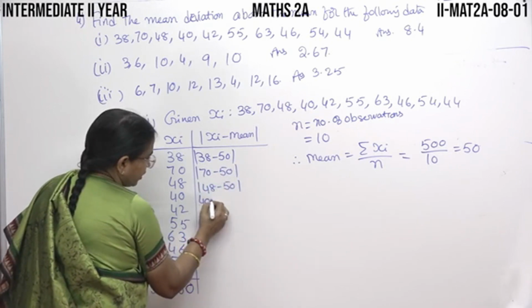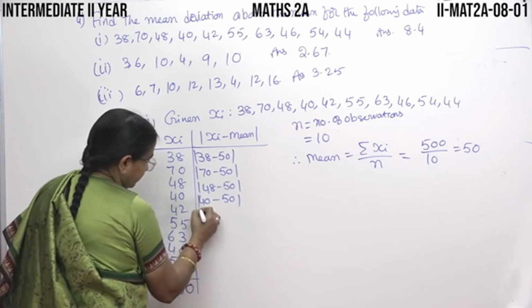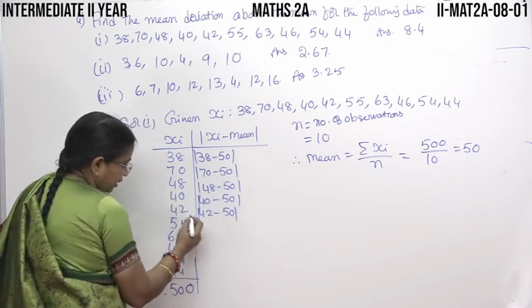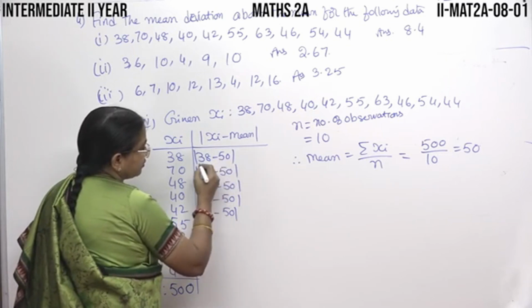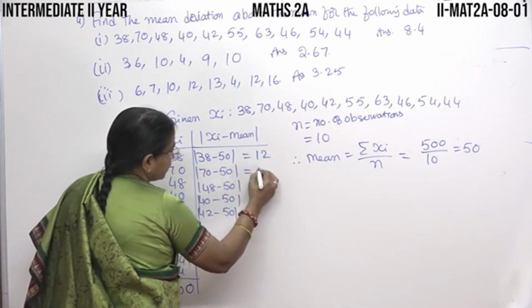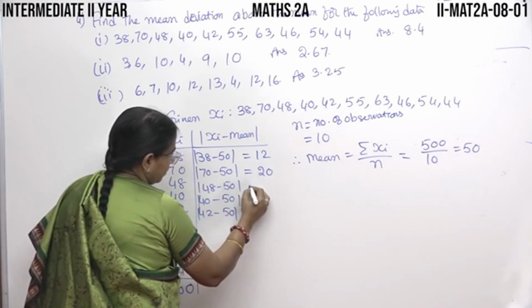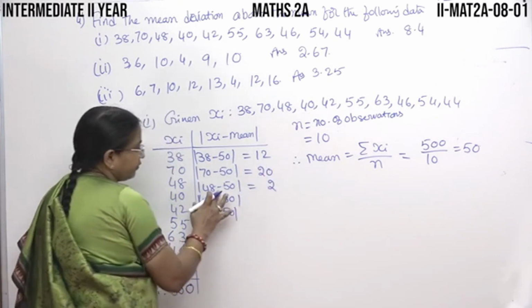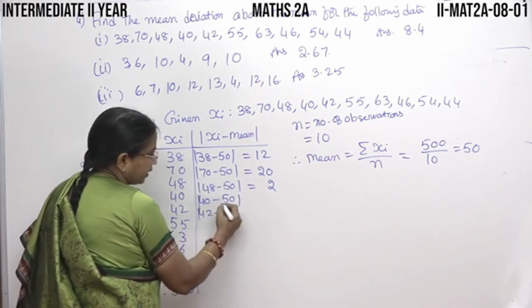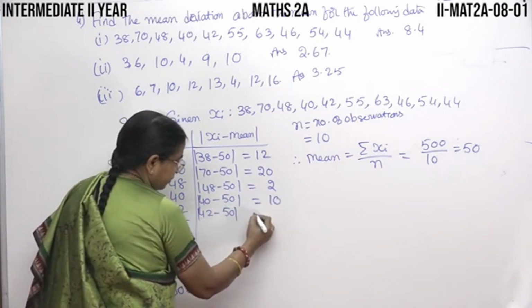So this is 40 minus 50. 42 minus 50. So like this you find out. This is 12. This is 20. This is 2. Even if it is negative, you should write the positive value, the absolute value. So this is minus 10, but you should write 10.